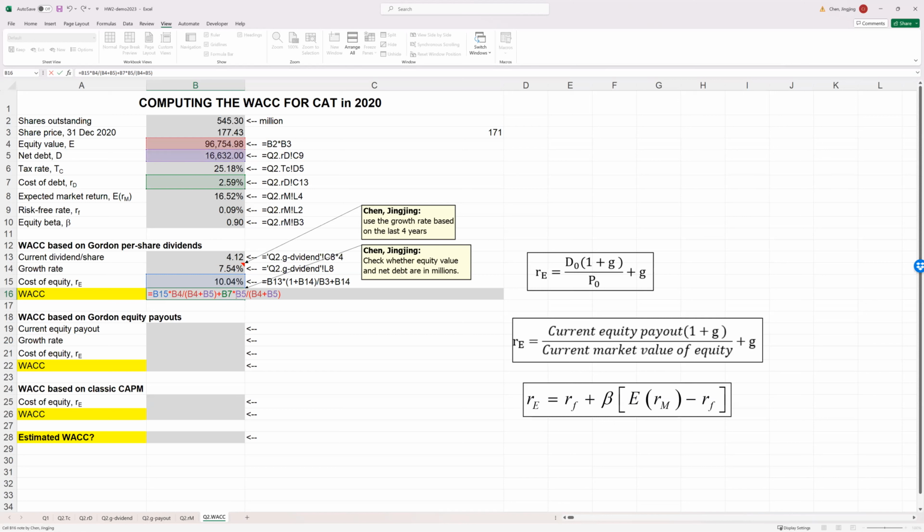The last thing is we need to do a tax adjustment for cost of debt, since using debt will give us a tax benefit. It effectively reduces our cost of using debt, because when we pay the interest related to the debt financing, that interest is tax deductible.